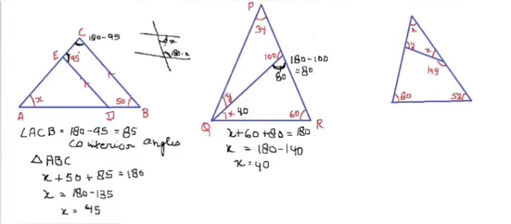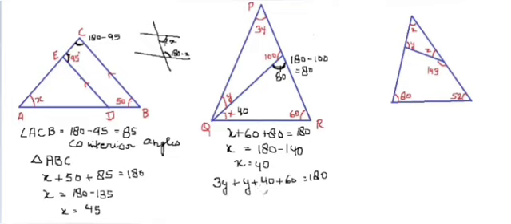Now I can take the big triangle PQR. In PQR, I can write that 3y plus y plus 40 plus 60 will make 180.